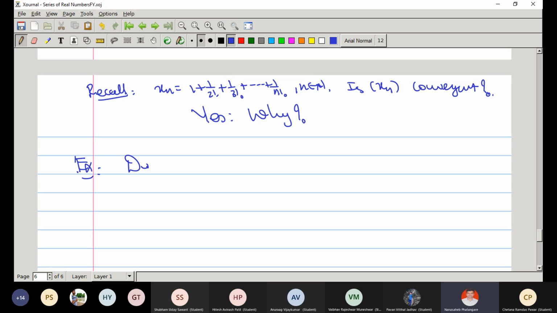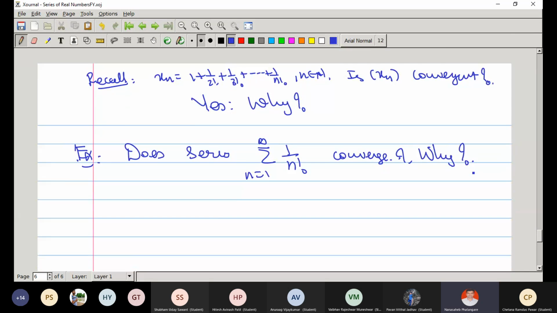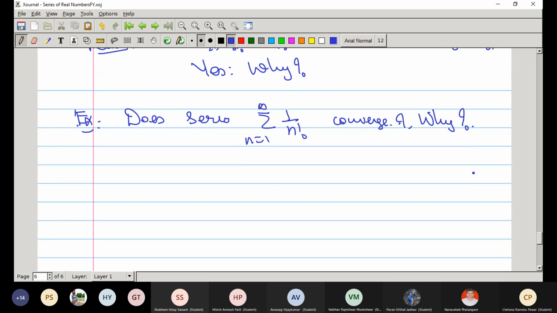And therefore our question is, does the series 1 upon n factorial, n from 1 to infinity, converge, and why? Now the answer is very easy. Yes, it converges.